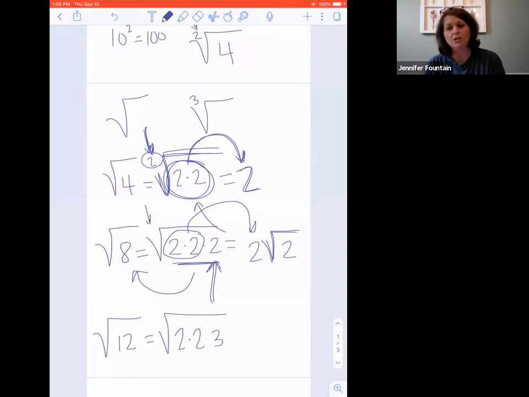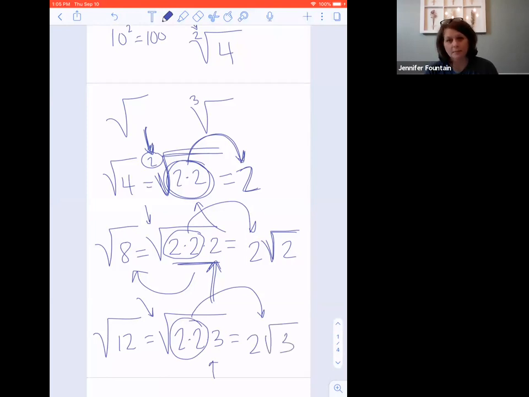I can check: 2 times 2 times 3, 2 times 2 is 4, 4 times 3 is 12, so I know I'm good there. I look at my index. There's nothing there, so I understand that it's 2, so that means 2 buddies. These 2 guys get to go outside as a whole group of 2, but poor little number 3 has to stay inside.